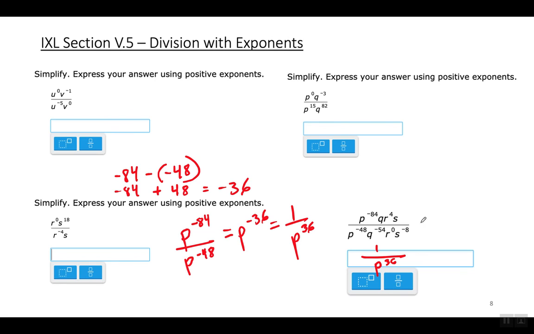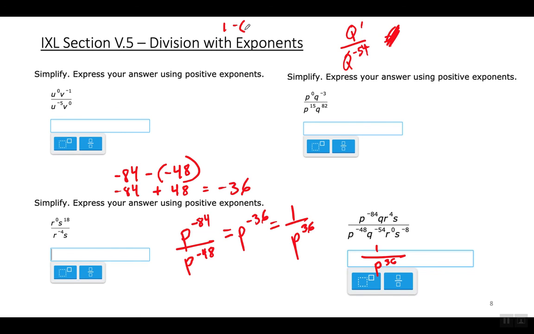Okay, now let's look at the q's. For the q's, let me write it up here. I got q to the first power on the top and q to the negative 54 power on the bottom. All right, so I'm going to do 1 minus 54.